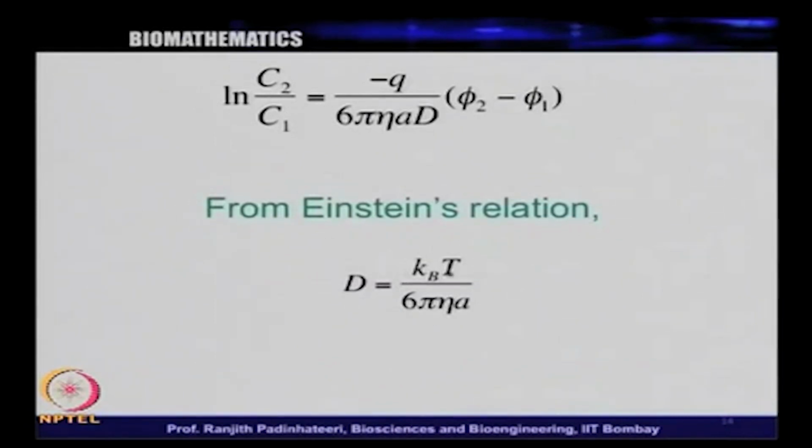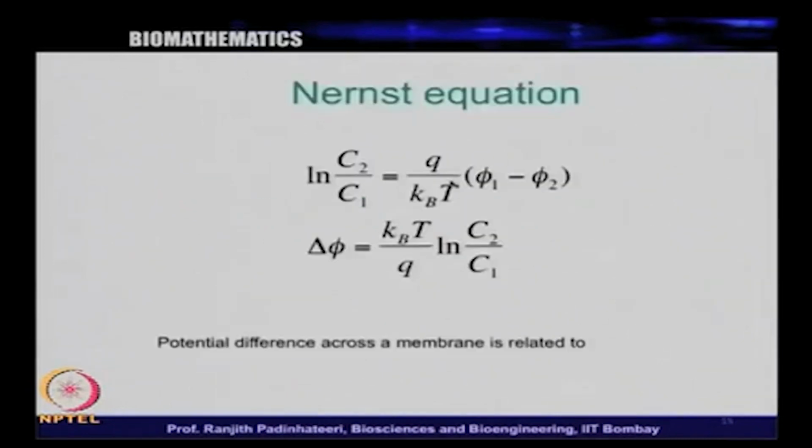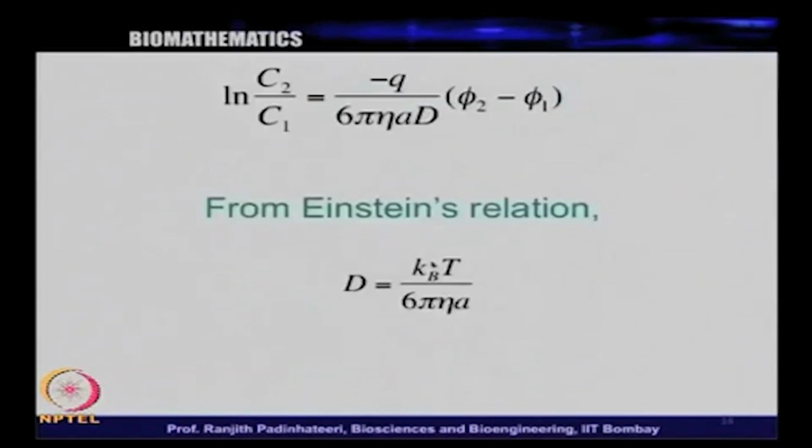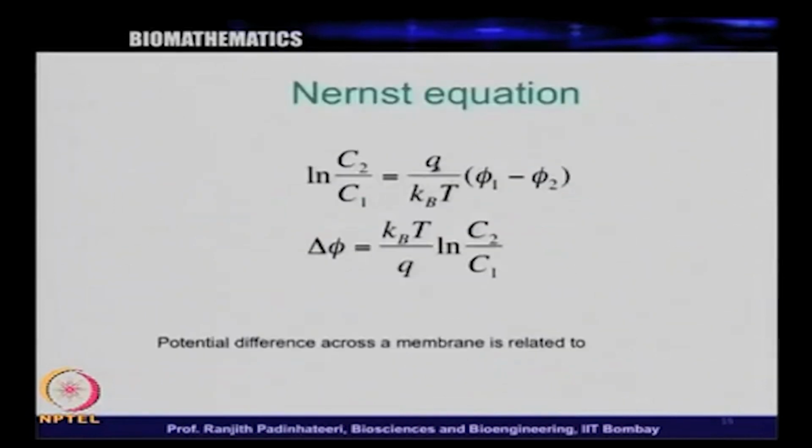If you borrow this relation and substitute here for this particular d, what you would get is that ln C2 by C1 is q by kBT, because as you can see here d is kBT by 6 pi eta a. So, if I substitute here, the 6 pi eta a will cancel each other and you will end up with this equation, q by kBT into phi 1 minus phi 2.